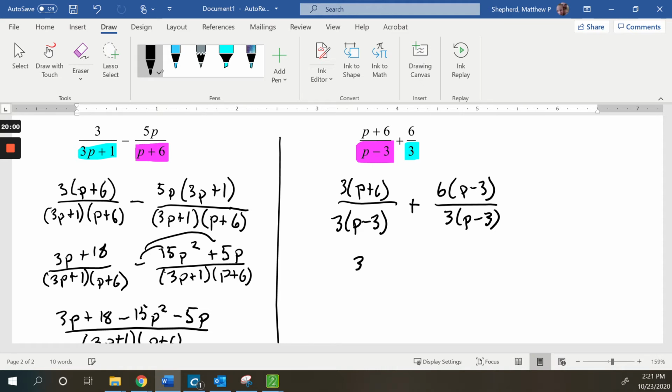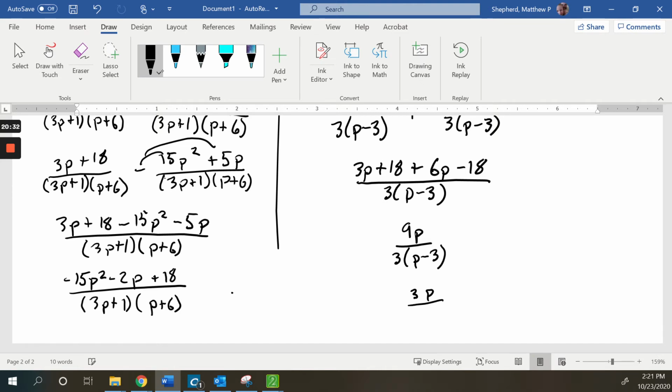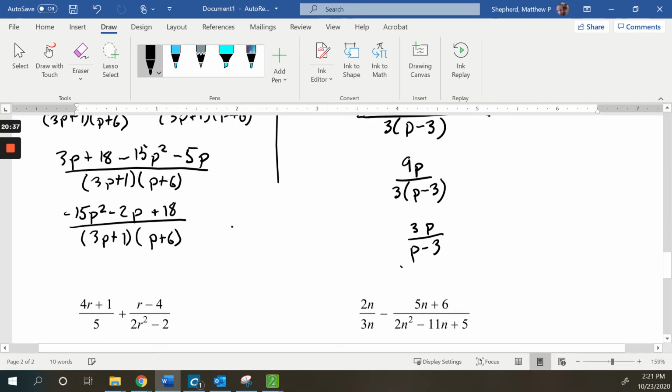So we can do 3 times p is 3p plus 18 plus 6p minus 18 all over 3 times p minus 3. Okay, combining like terms, we then get 9p all over 3 times p minus 3. Both 9 and 3 are divisible by 3, so we then have 3p all over p minus 3.